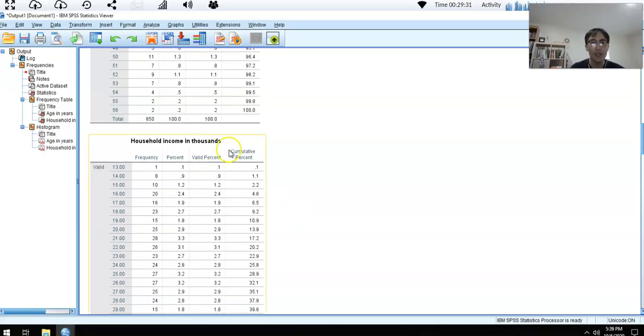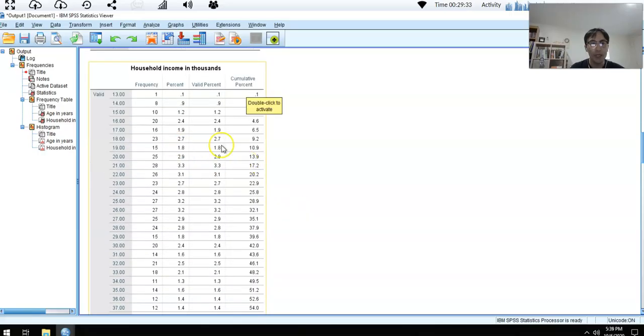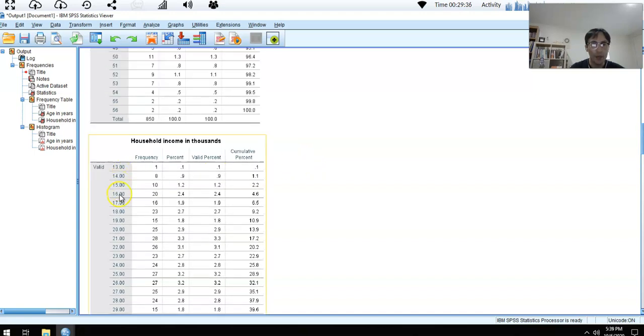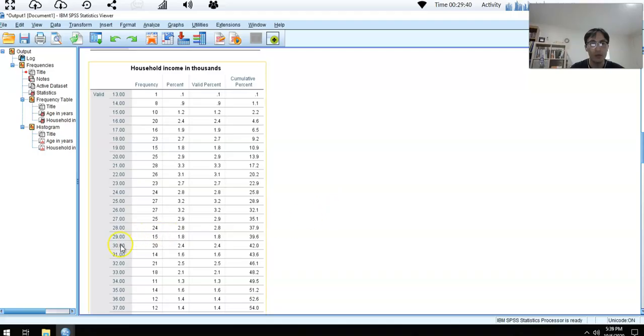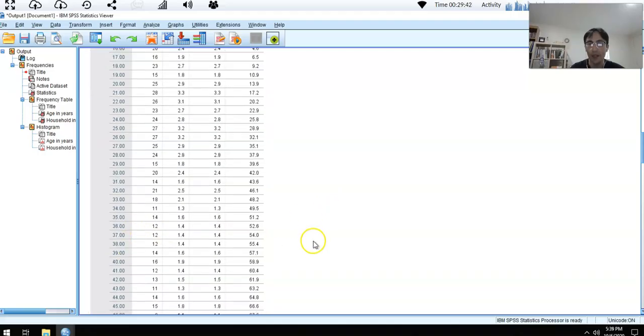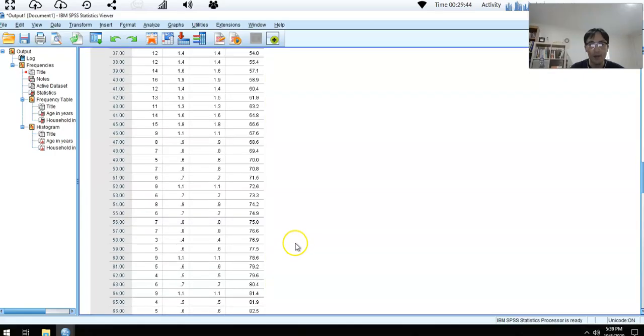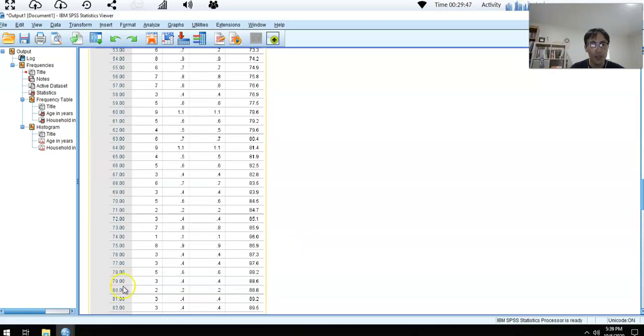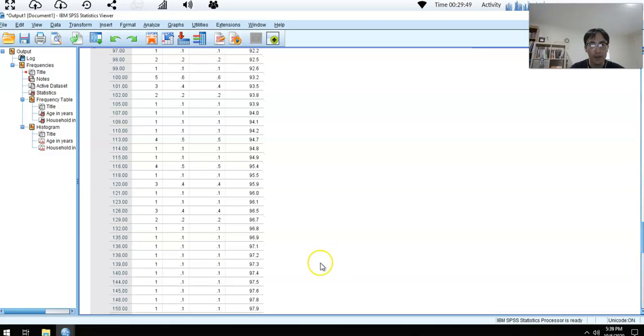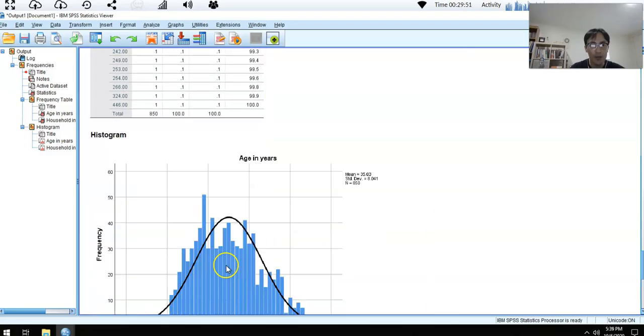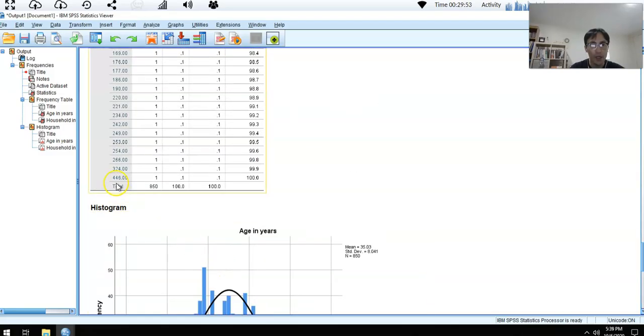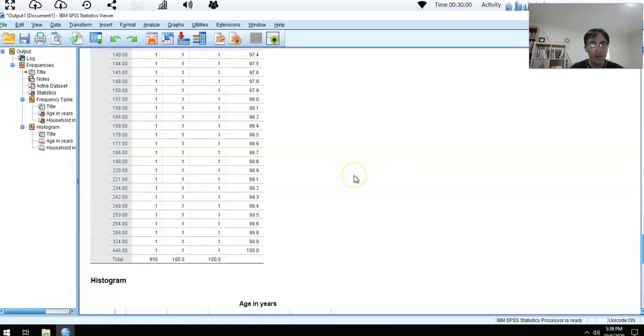Now it's household income. Don't forget this number 13, 14 is in thousands. So some household income is 30,000, here 45,000, 80,000, like that. And then here, ooh, only one person, 446,000. Probably the CEO of this company, possibly the employer of everybody.